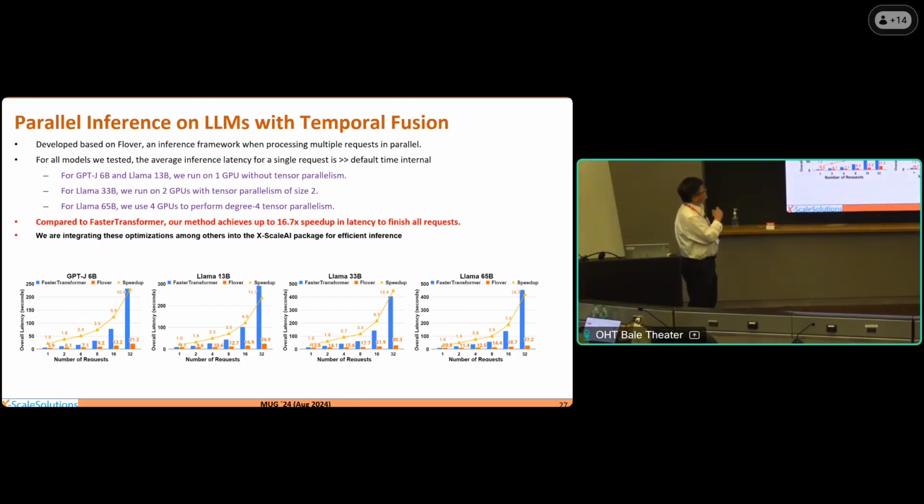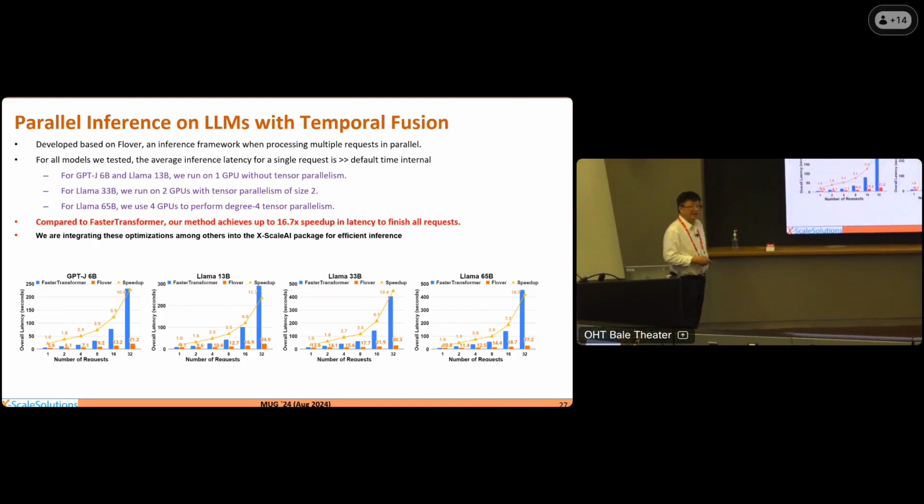The main reason is that we're able to overlap the processing needed between computation and communication among different requests. So we're overlapping them, pipelining and parallel processing. This is what this package is able to achieve.